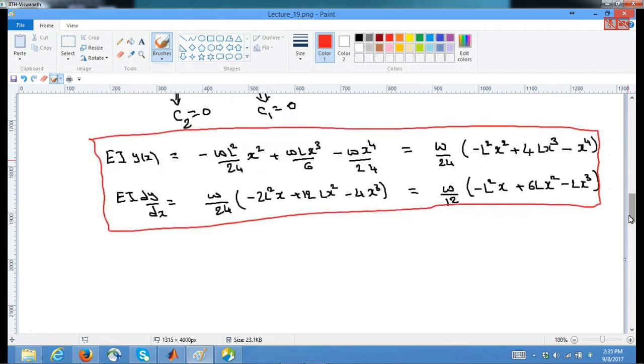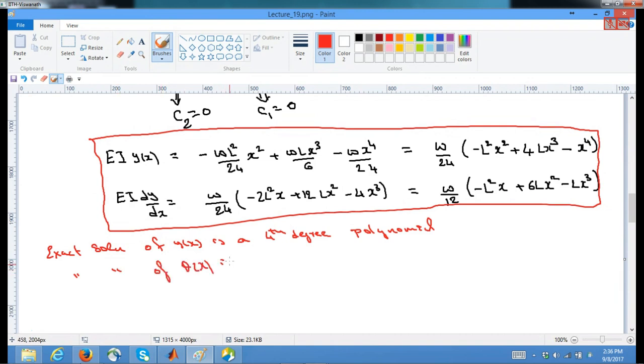So that is the characteristic. The exact solution is a fourth degree polynomial. Similarly, the exact solution of theta of x is a third degree polynomial. So this is the characteristic.